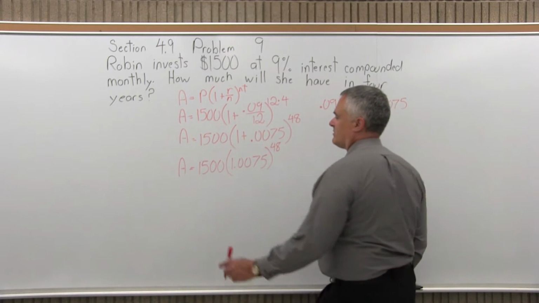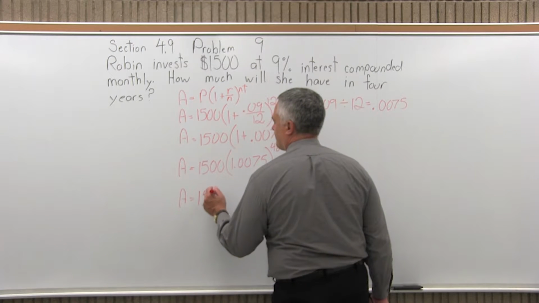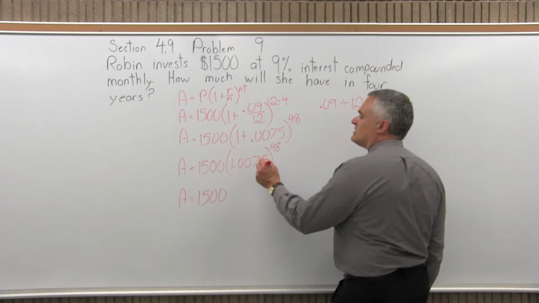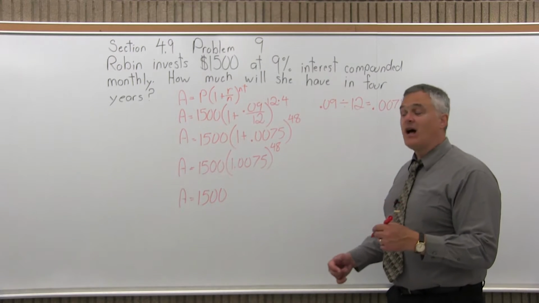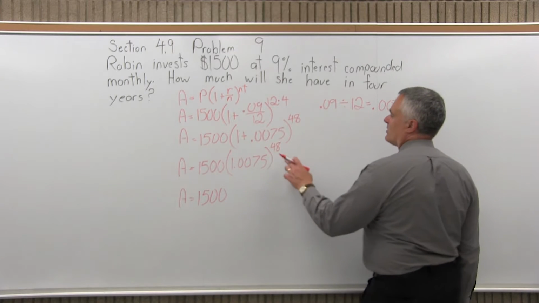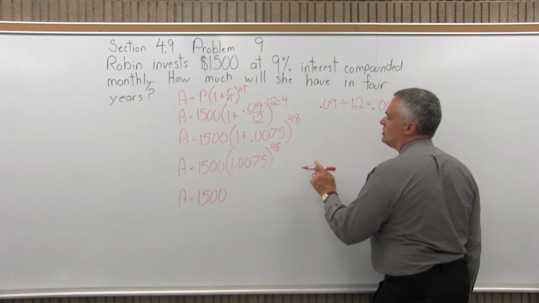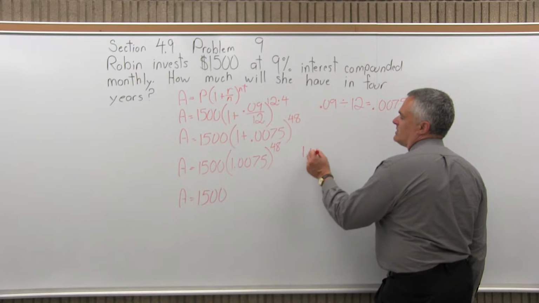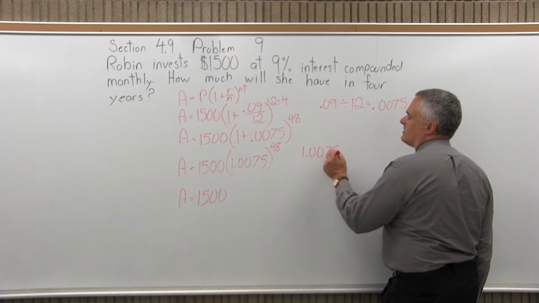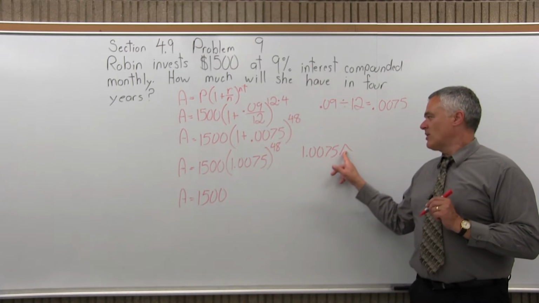So let's deal with that exponent. The 1,500 will stay for one more step. 1.0075 times itself 48 times. You really need a calculator for that, especially one with an exponent button. 48 times, even with a regular standard function calculator, is too many times. So you want to enter the base, 1.0075, on your calculator, press your exponent button, which on many calculators is this up arrow called a caret.